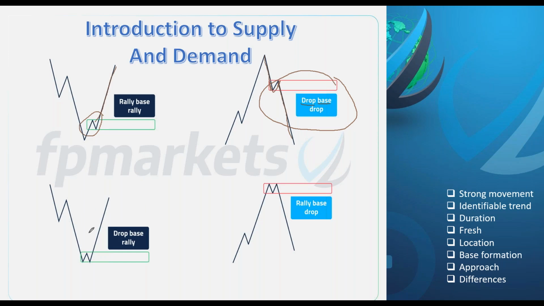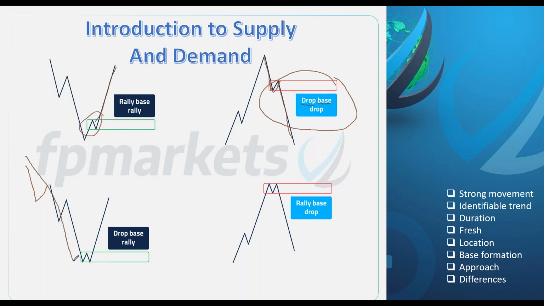Look, a drop base rally usually forms what's known as a bottom on a chart, or sometimes referred to as a cap. Its basic configuration is lower lows. So we have lower lows, lower highs, lower lows, lower highs, lower lows. So we're in a downtrend at this point here.